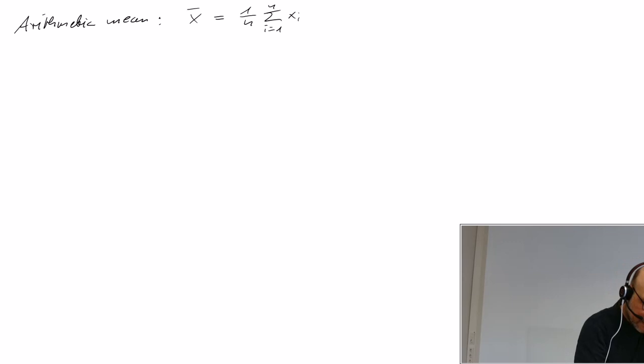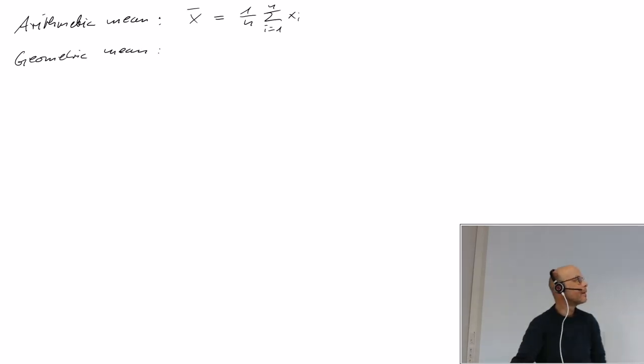What else do we have? We have something like a geometric mean. What is this? And have you an example where we use geometric means?